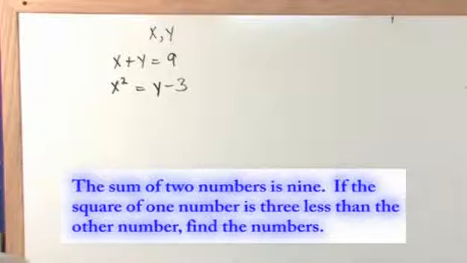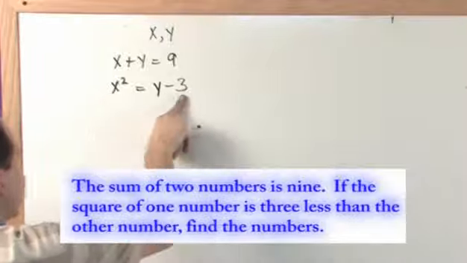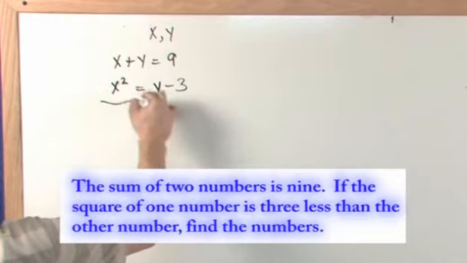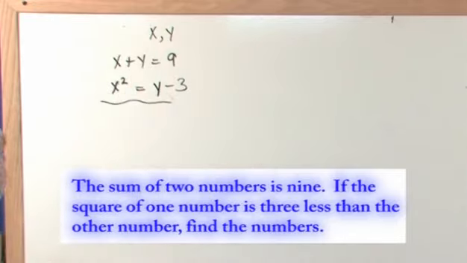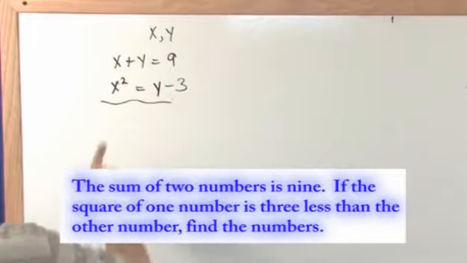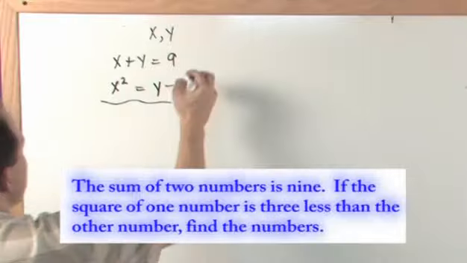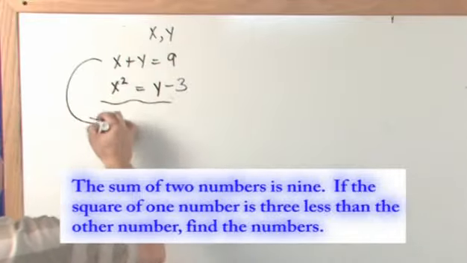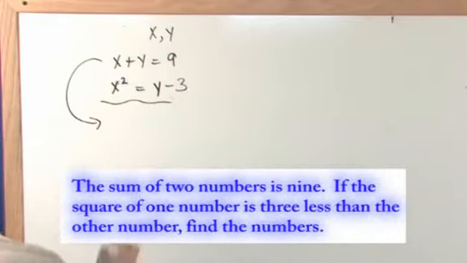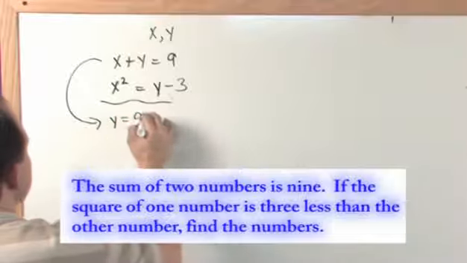So those are the two equations. The square of one number is 3 less than the other number. And the sum of the numbers must be 9. So I have my two equations, and I need to go ahead and solve these two. So what I want to do is I want to plug one into the other. So the first thing I'm going to do is take this equation and just solve for y. Y is going to equal 9 minus x.